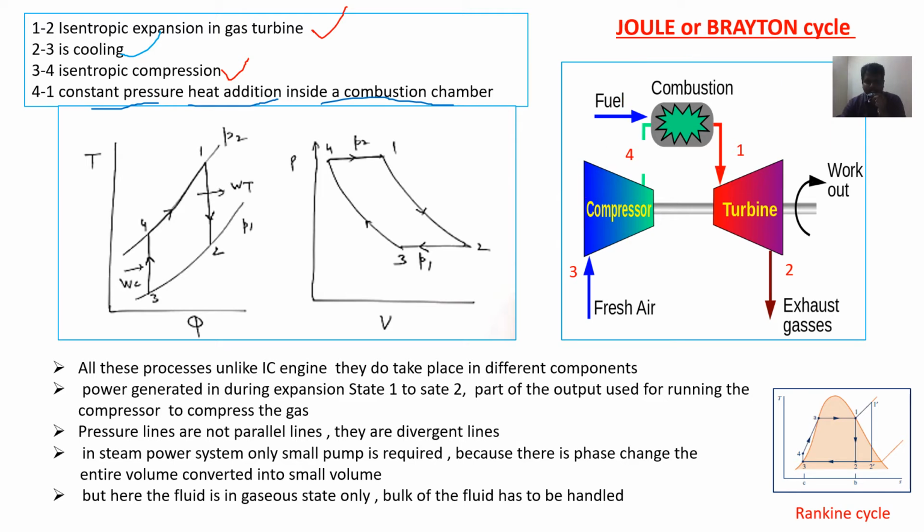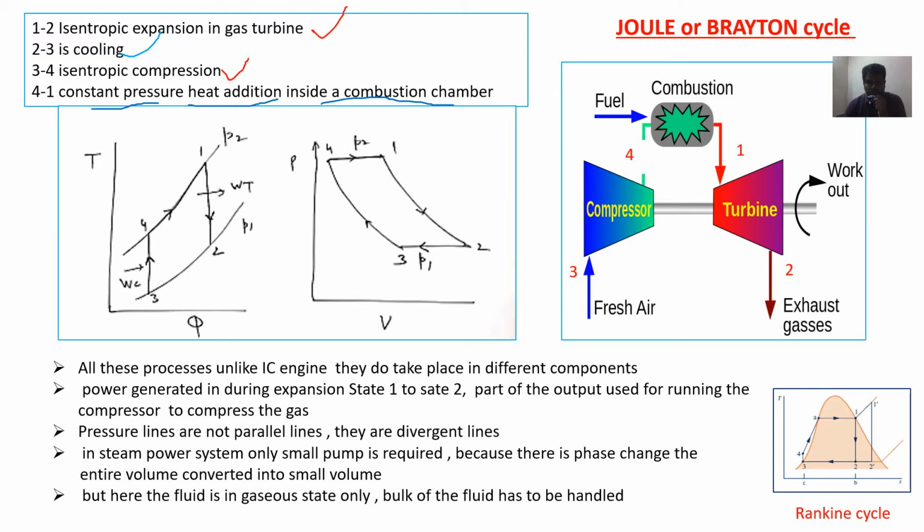The one more point is, in Rankine cycle, as we know that steam will have high specific volume, liquid will have less specific volume. For less specific volume we require small size pumps. For high specific volume we require high size pumps. That we already discussed in one of our previous classes.